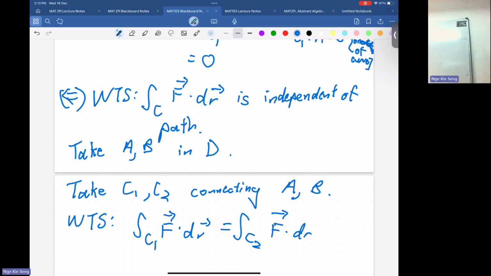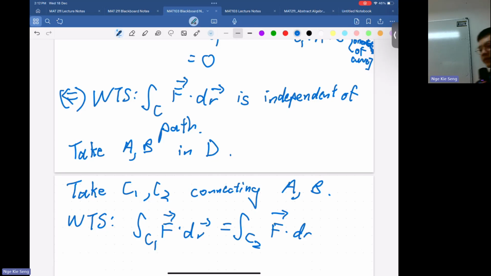Okay. So now, what's your assumption? The assumption is the integral over a closed curve is 0. So to use that assumption, you need to build a closed curve first.